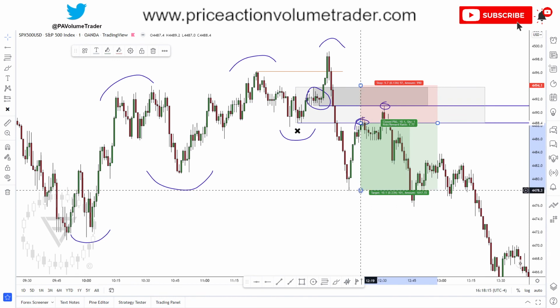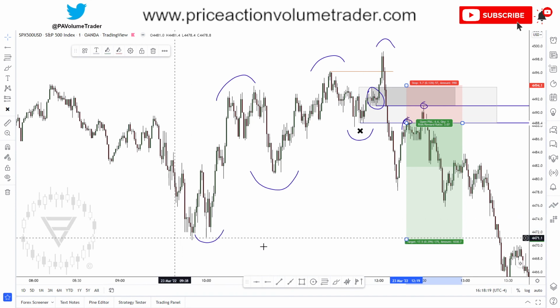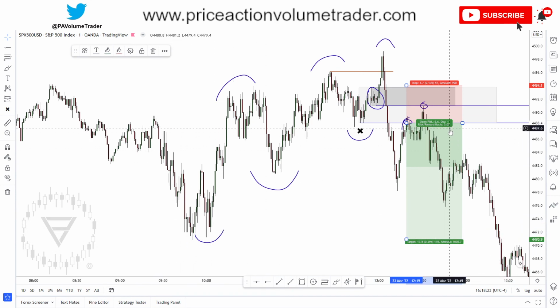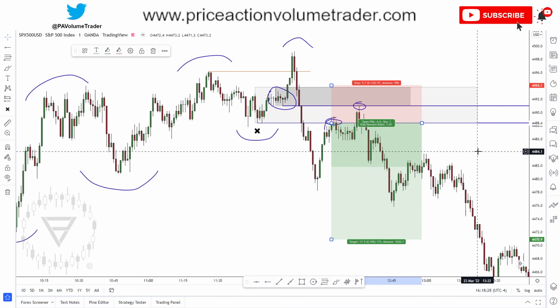But you know, we could also target this more significant swing low right here, which we did end up hitting, and this was a nice 3 R&R, meaning 3 times the reward for the risk.